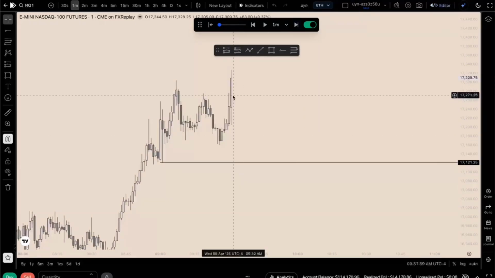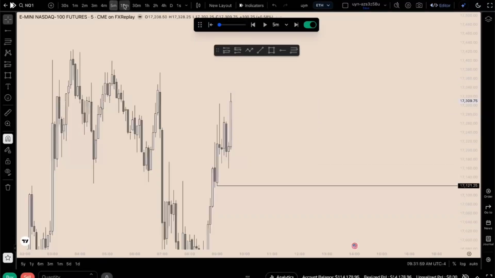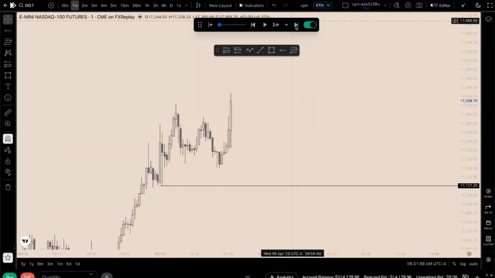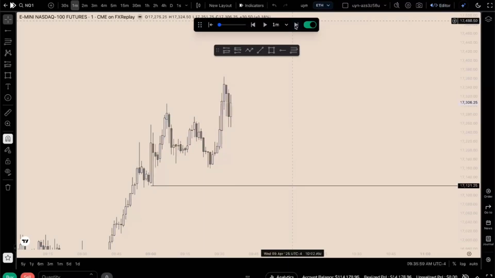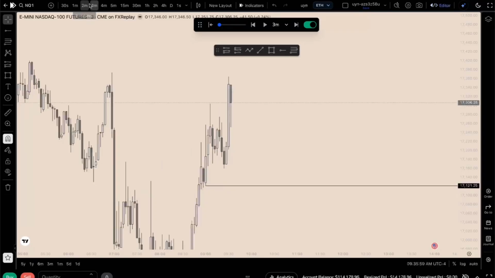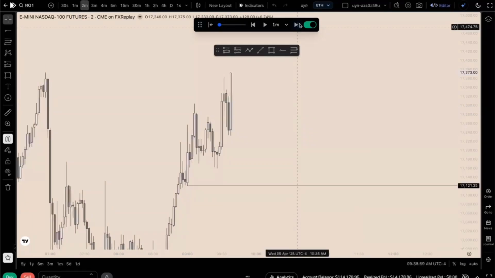Okay, I kind of missed that setup. But I don't think we hit anything, did we? No, we didn't hit anything, so it's not valid. Do we have a short entry here? This 2 minute doesn't look bad. Okay.